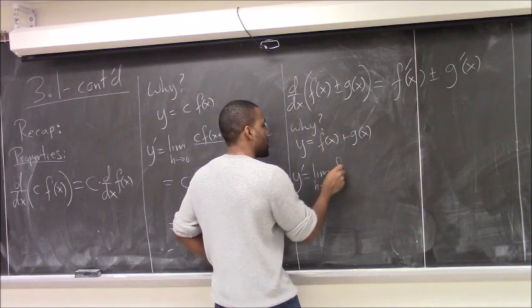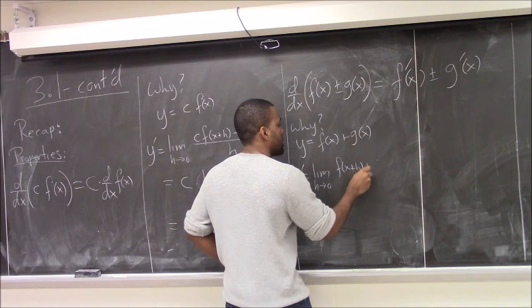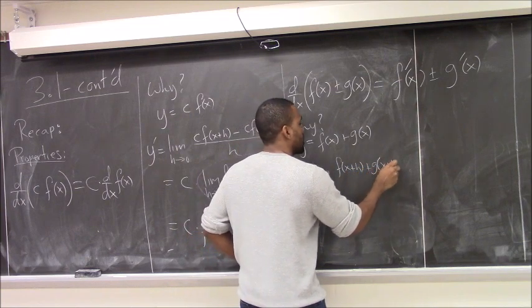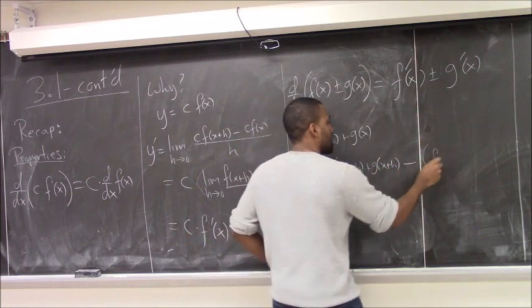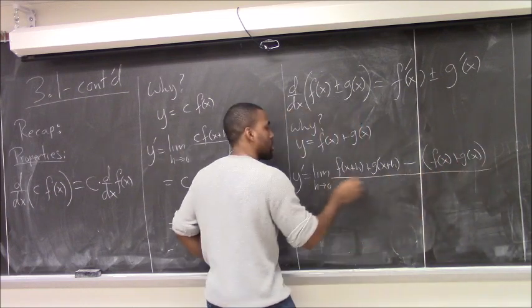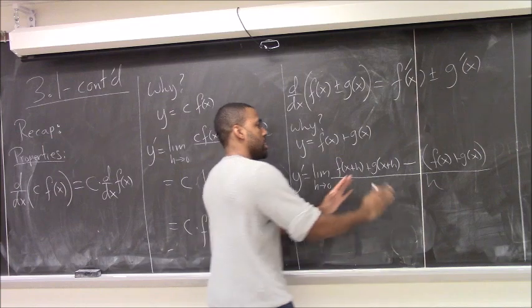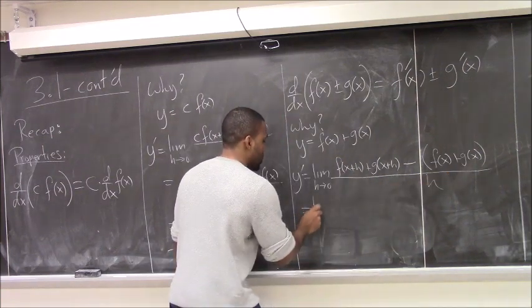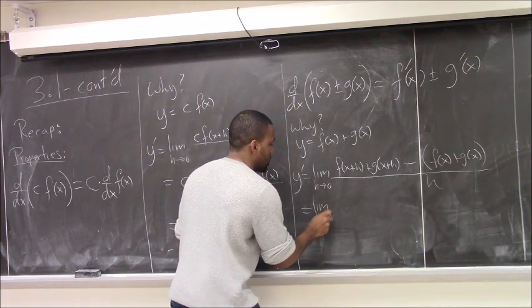it turns out that the first guy, you replace all x's with x plus h. But then you can separate the fraction, right? We know we can split fractions across the numerator.